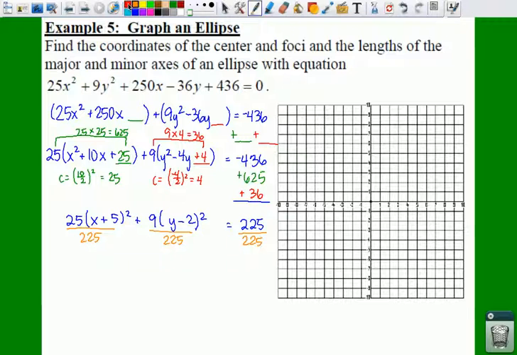And when you simplify these, here's what happens. 25 goes into 225 9 times. 9 goes into 225 25 times. So when you rewrite for your standard form, you don't want to just write your x first, because in order to figure out your orientation, you need to have the larger a squared value, which would be your 25, written first.